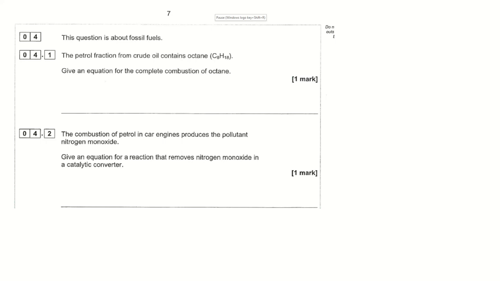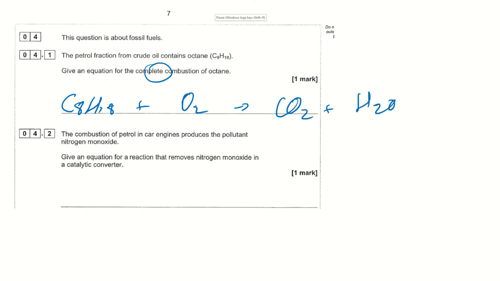Right, the complete combustion of octane. Well, this is very disappointing for people who got this wrong. So octane has that formula. It's combusting, so it's going to oxygen. It's complete combustion, so the products are carbon dioxide and water. We balance this in alphabetical order, so carbon's first. I need an 8 there. I need a 9 there.